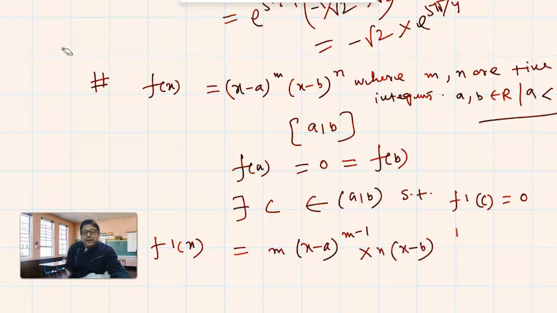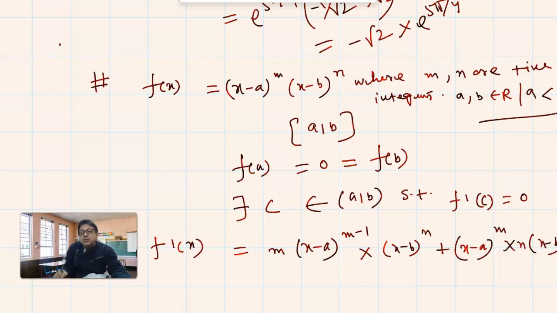Now we can take (x minus a) to the power m minus 1 common, and also (x minus b) to the power n minus 1 common.